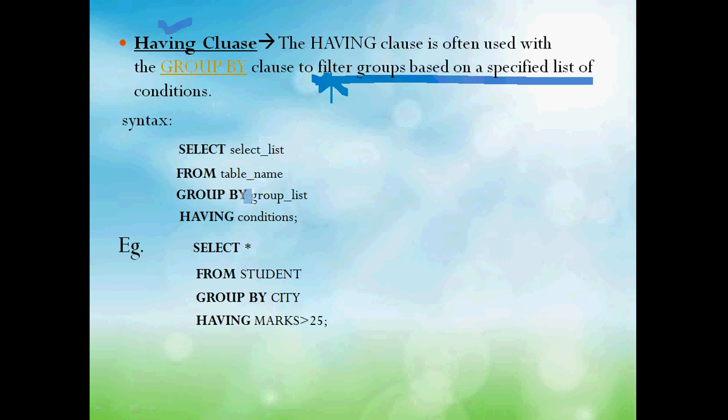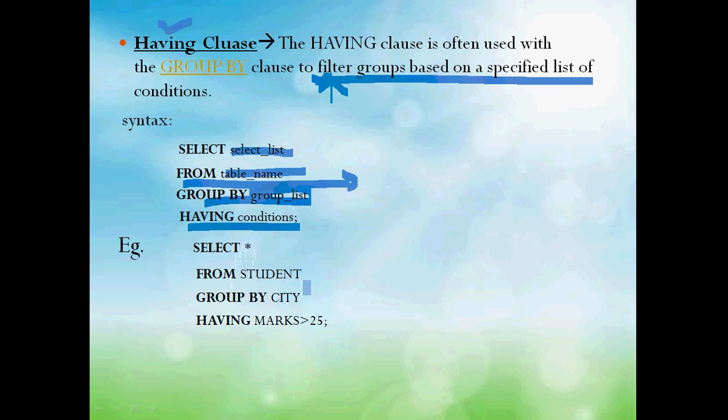So what is the format? Select different attributes from table name. If there is any condition, you can specify the where here. Then group by attribute name and having condition. Let us see how it is.